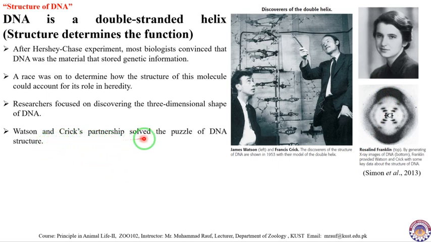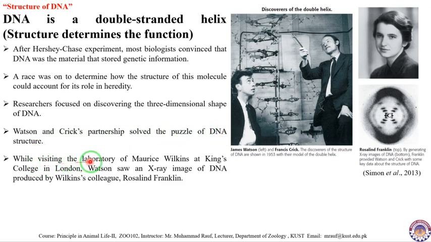Watson and Crick's partnership solved the puzzle of DNA structure. While visiting the laboratory of Maurice Wilkins at King's College in London, Watson saw an X-ray image of DNA produced by Wilkins' colleague Rosalind Franklin. Rosalind Franklin, along with Maurice Wilkins, was working with a technique called X-ray crystallography to reveal the structure of DNA.